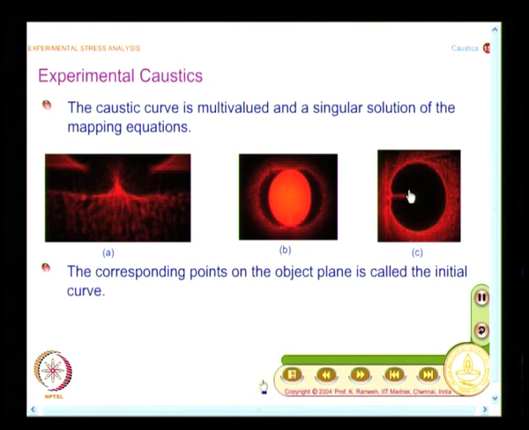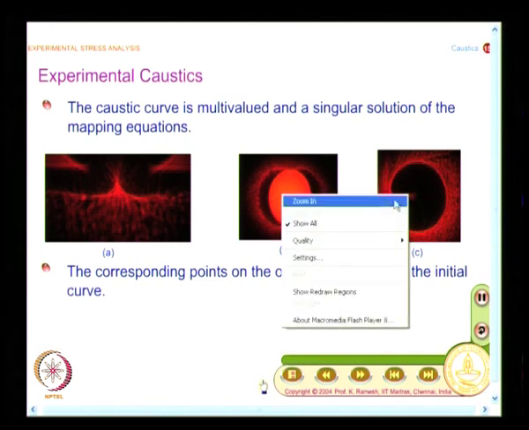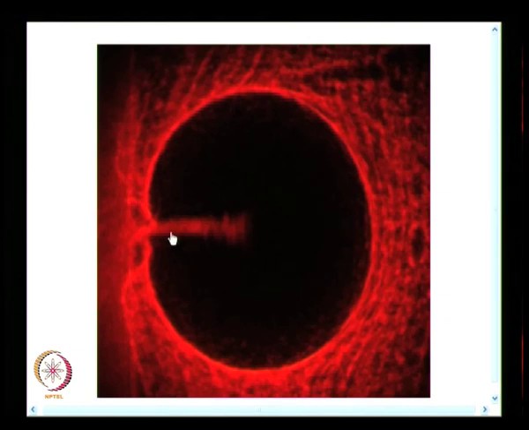So, you have a shadow bound by a silver region, and you can see very clearly that I have a shadow bound by a silver region. This is the caustic shadow for a mode 1 crack.